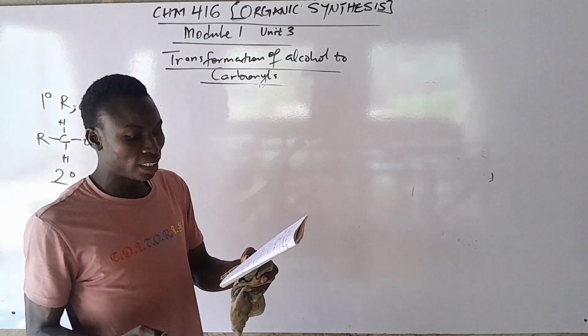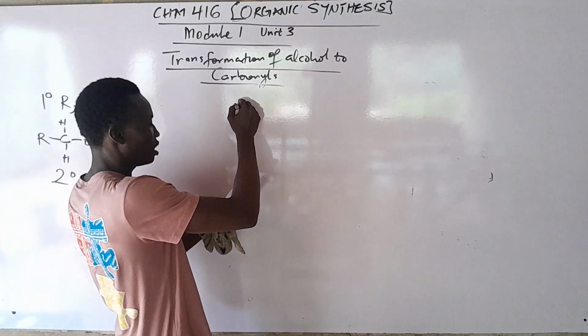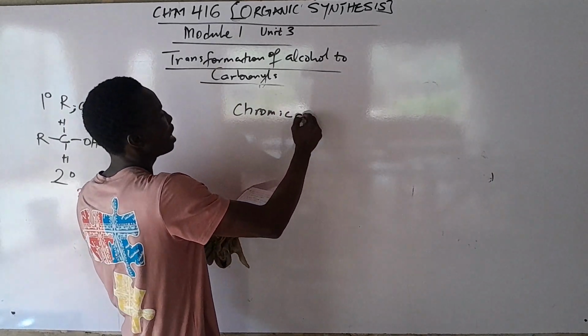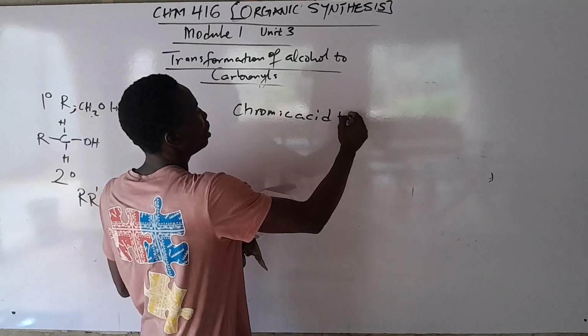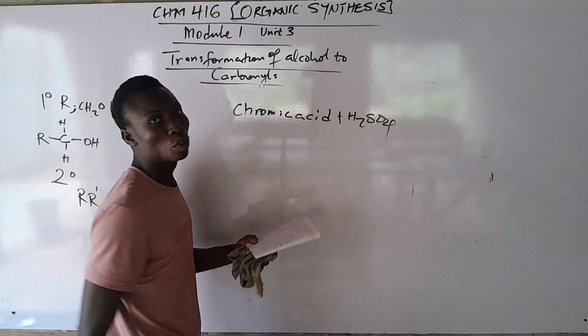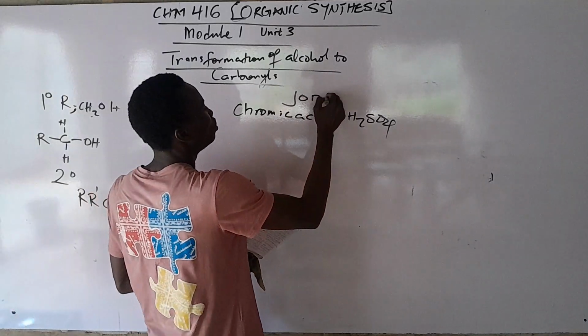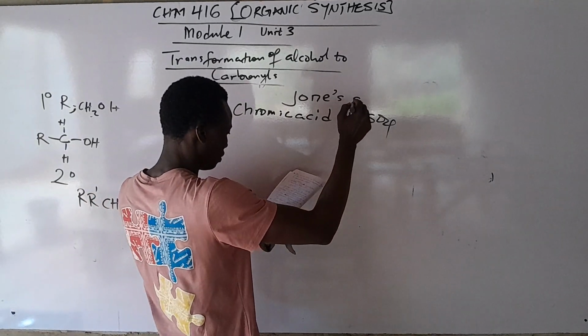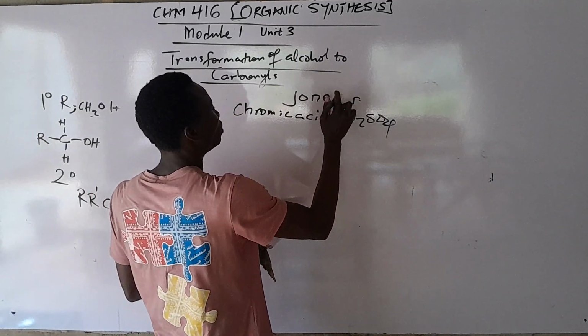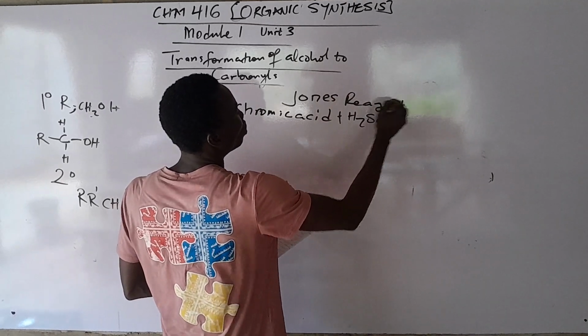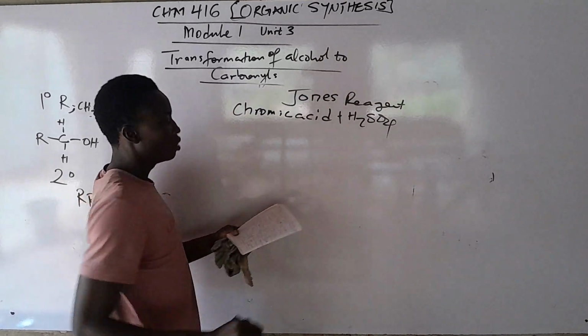The Jones reagent includes a solution of chromic acid together with H2SO4. Take note of that. That is what the Jones reagent contains.